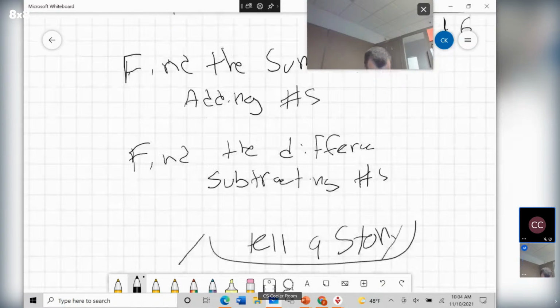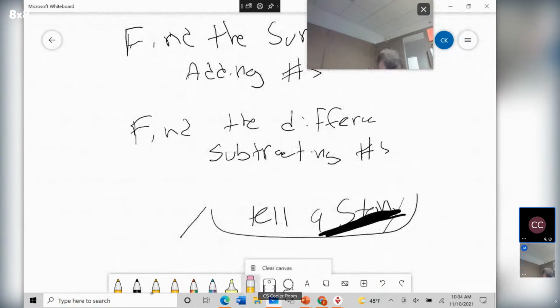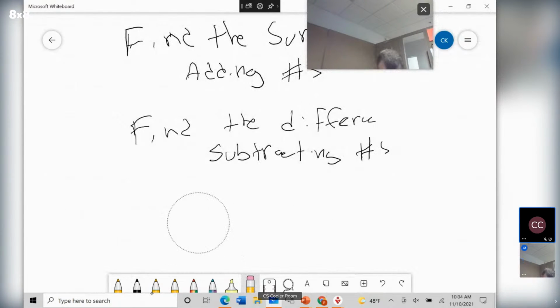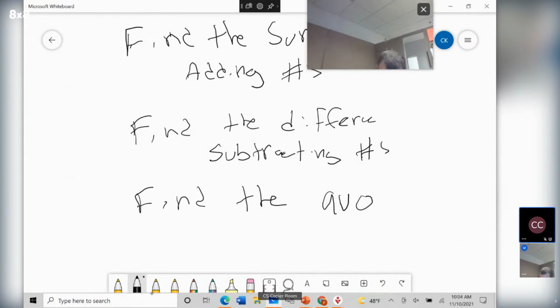Then you might say, find the quotient. And what quotient means is dividing numbers.